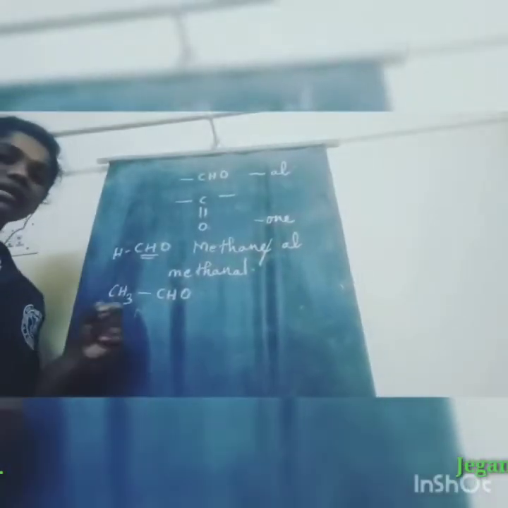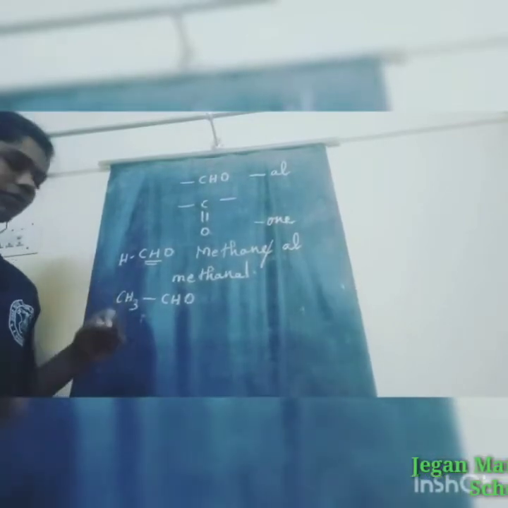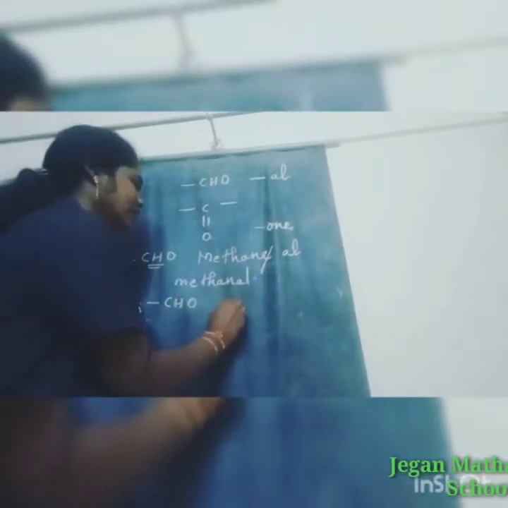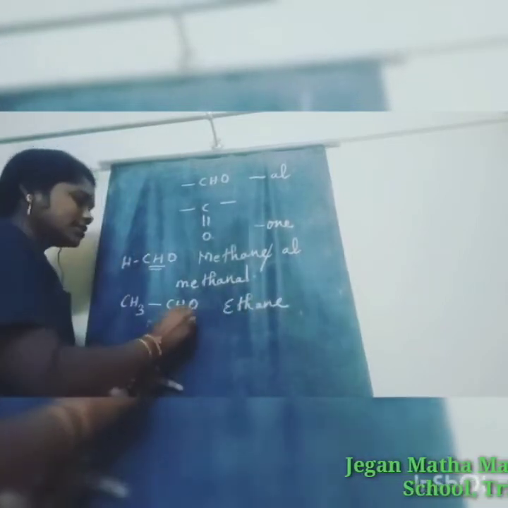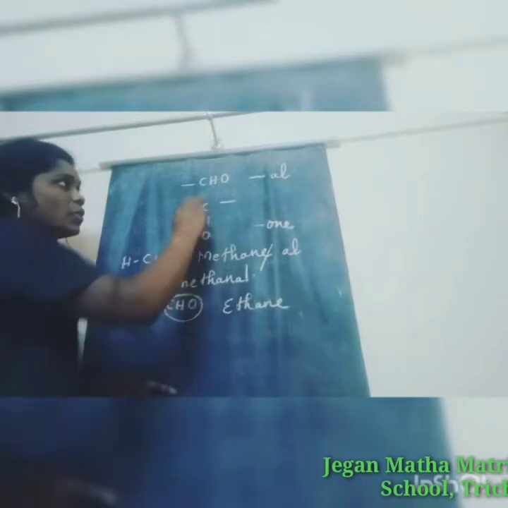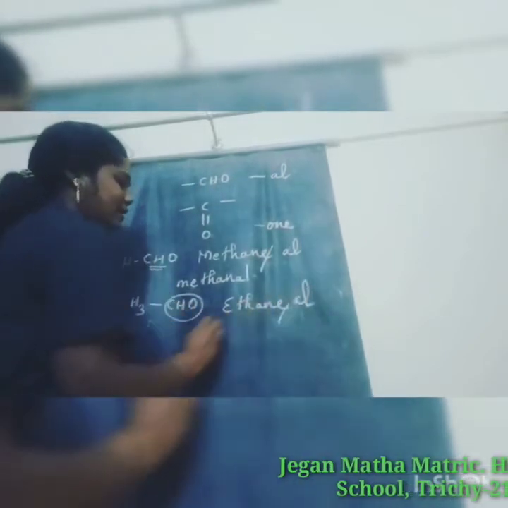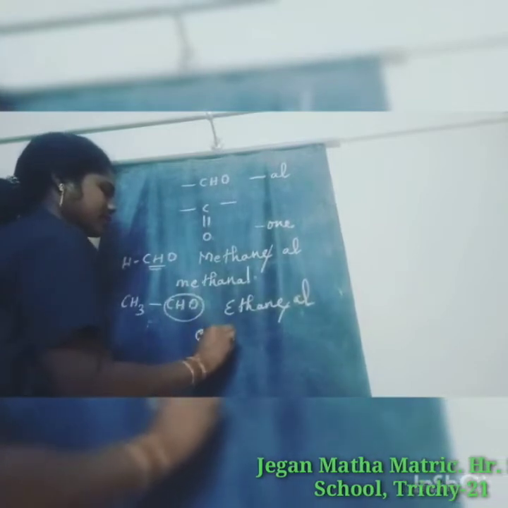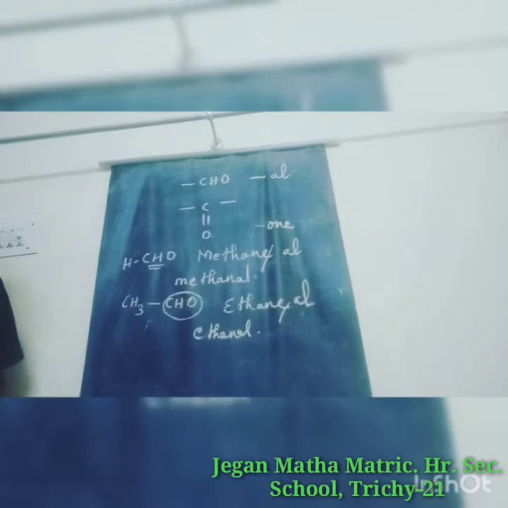After that we check whether a single, double or triple bond is present. Only single bonds are present, so this is ethane. CHO means aldehyde, suffix is -al, so ethanal. So the acetaldehyde IUPAC name is ethanal.